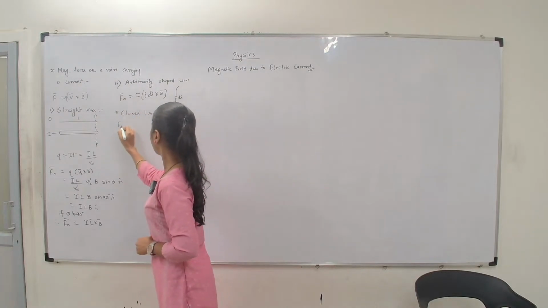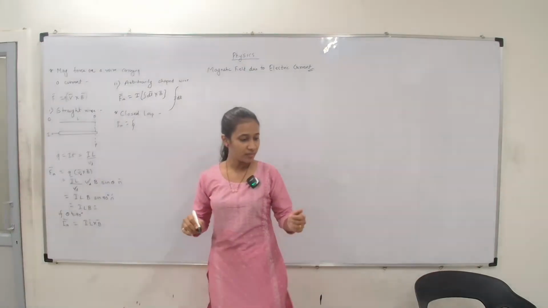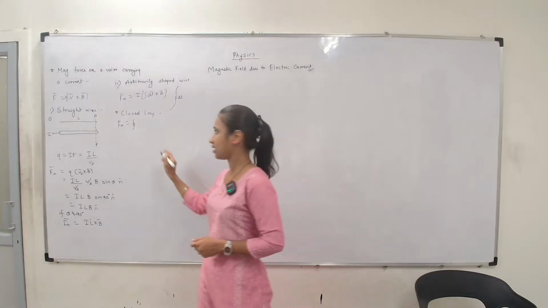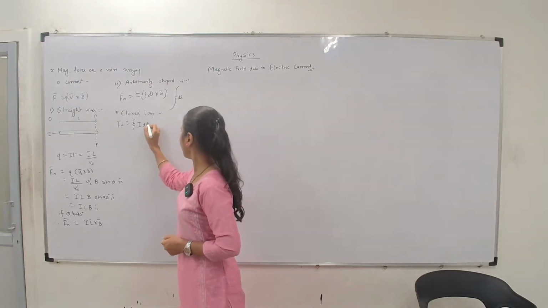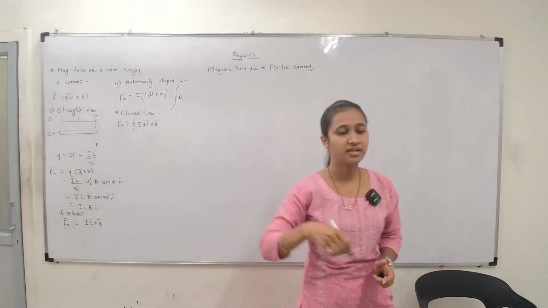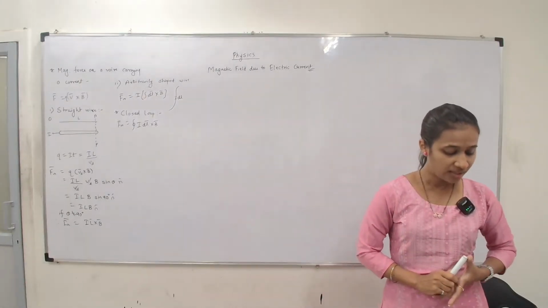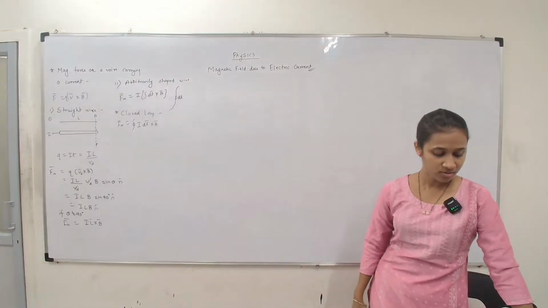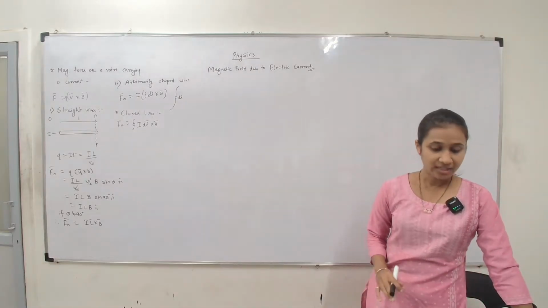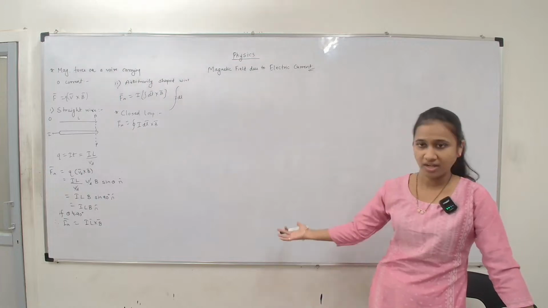The magnetic force will be the integration over a closed loop. The current is constant, so it will come outside the integration: I into dl bar cross B, this is integration over a closed curve. We take the complete integration. Here the integral is over the closed circuit C. So for uniform B, in this case the magnetic field will obviously be uniform, only then this works.